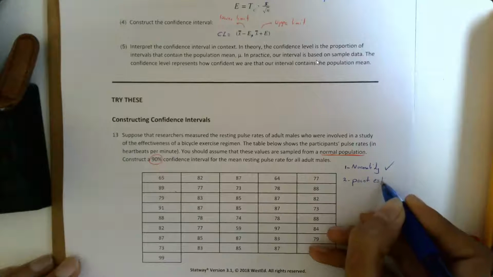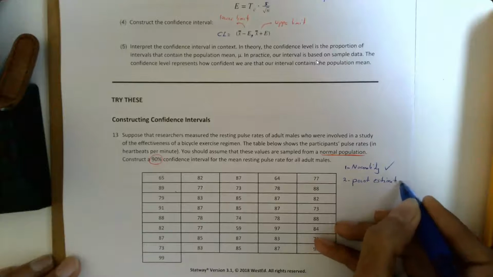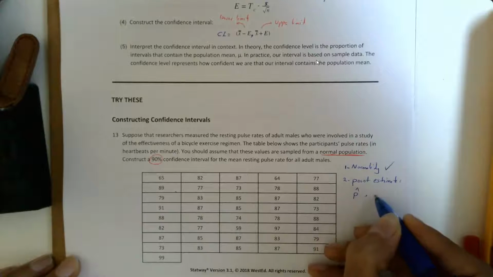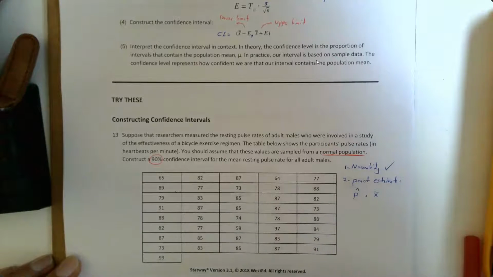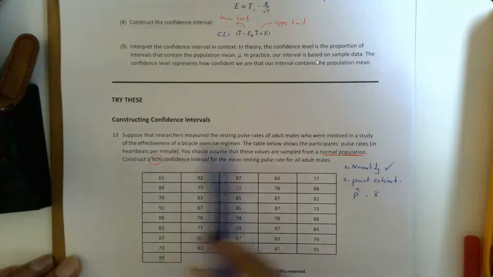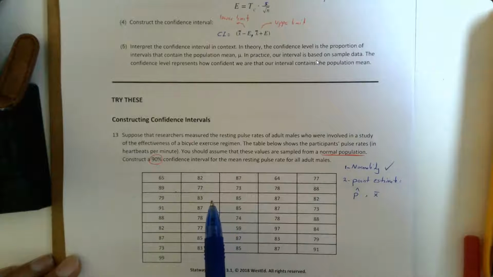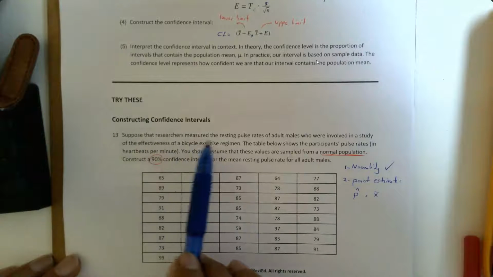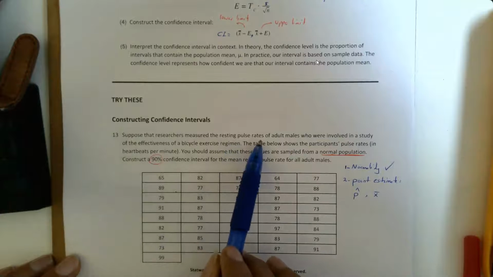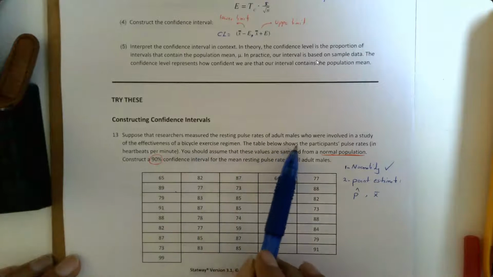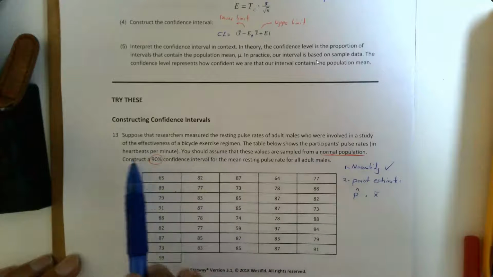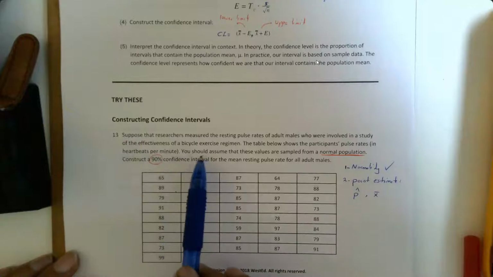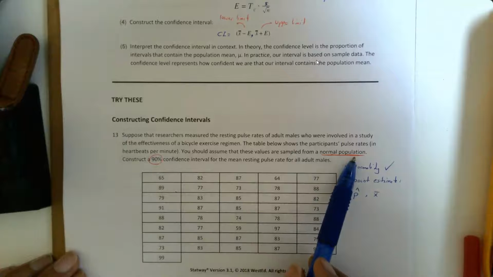How do I know if it's p hat or if it's x bar? Which one of these is the question asking about? So take a look at this. They measured the resting pulse rates, and the table shows the participants' pulse rates per minute, and it is normal.